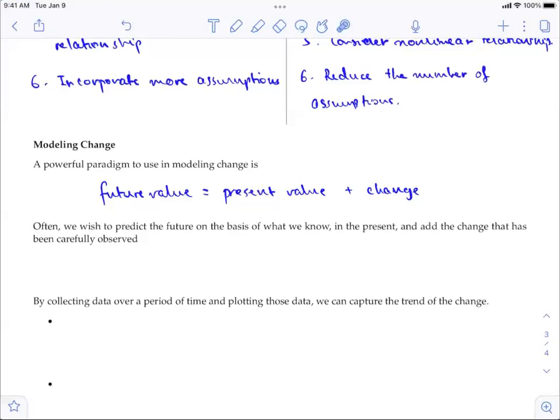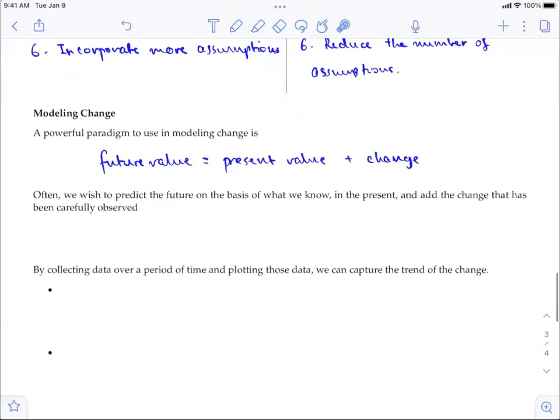What you need to do is to model the change. So often we wish to predict the future on the basis of what we know in the present, and we add change that has been carefully observed. Change can also be written as future value minus the present value.